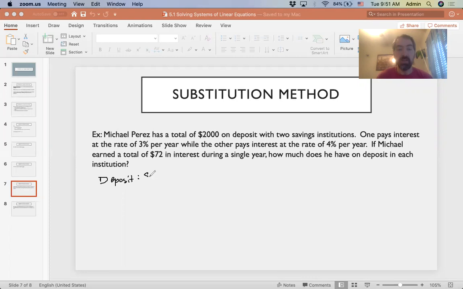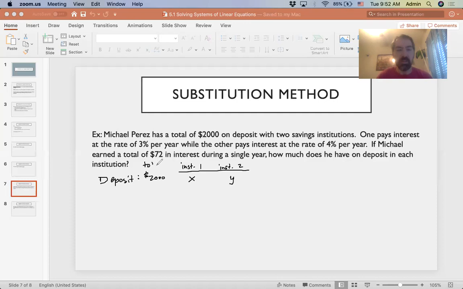He's got $2,000 on deposit, some at institution 1, some at institution 2. We don't know how much. So we can call institution 1, institution 2. We don't know how much he has in the first institution, so we'll call that X. We don't know how much he has in the second institution, but it could be a different amount, so we'll call that Y.